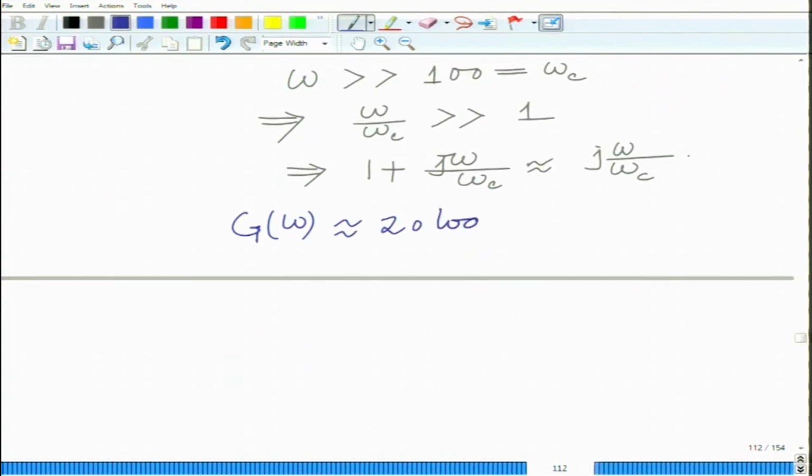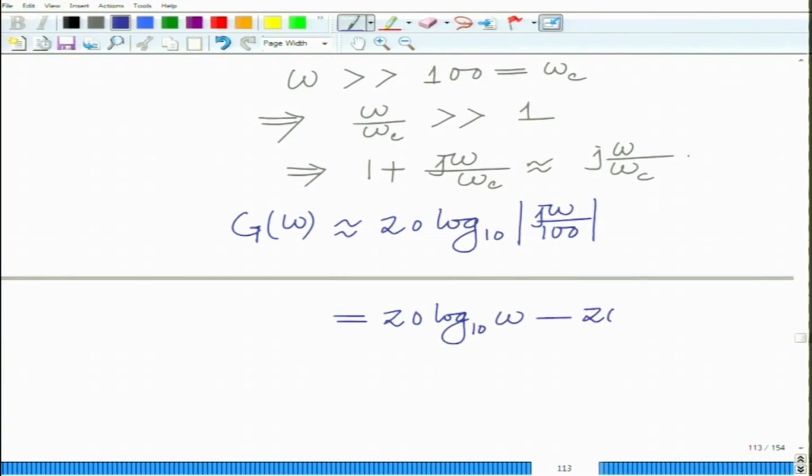20 log to the base 10 magnitude j omega over 100, which is equal to 20 log to the base 10 omega minus 20 log to the base 10 100, which is 10 square.